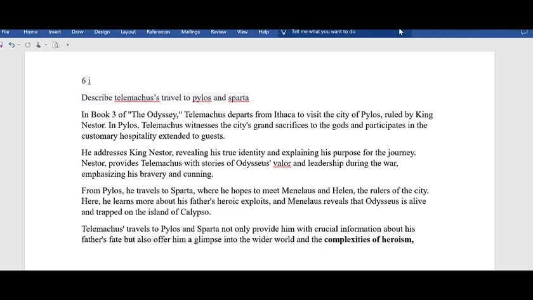For instance, what happens to Telemachus? All your focus is on Odysseus, right? But you will have to work on other characters as well, just in case a question comes in your exam. So the question is, what happens to Telemachus? Describe Telemachus's travel to Pylos and Sparta. So Telemachus departs from Ithaca to visit Pylos, where he meets the king and he witnesses grand sacrifices, participates in hospitality.